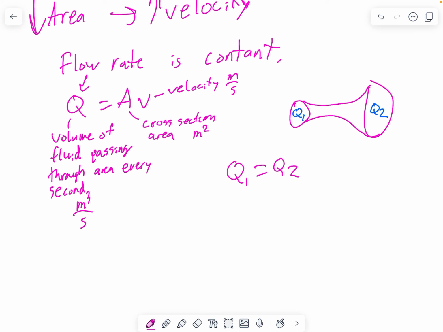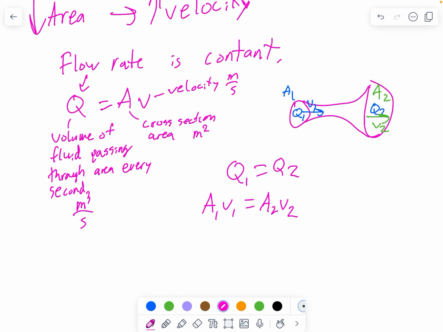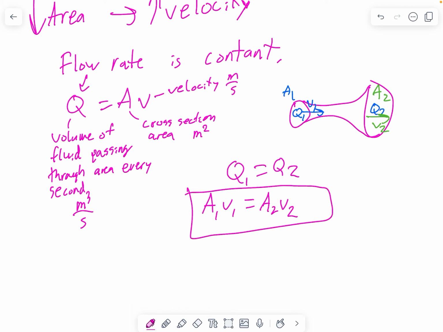So instead of putting Q1 and Q2, we're going to do A1 V1 equals A2 V2. So whatever area this is, we can call that area A1, and whatever velocity that is, we call it V1. That's equal to whatever area of the pipe there, so A2, and whatever velocity V2. So this is your equation, and it's called the continuity equation.